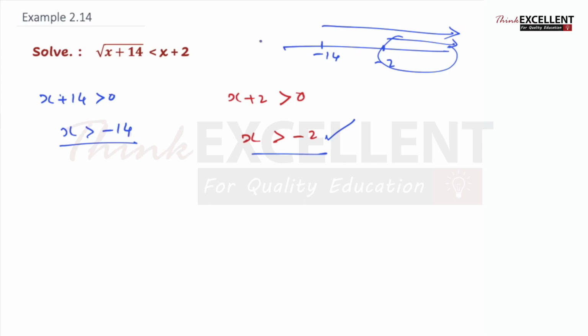Now first we'll try to simplify this. To avoid the root, what do we do? You have to square both sides. Squaring the given inequality, the root cancels. So x plus 14 is less than x plus 2 the whole square.